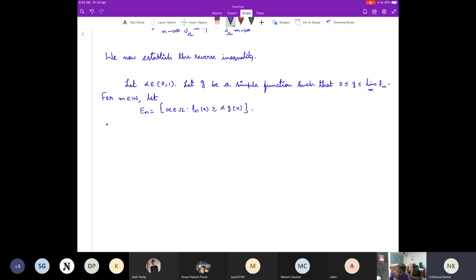First thing, here are some simple observations. What can you say about the sets E_n? Compare E_n and E_n plus 1.